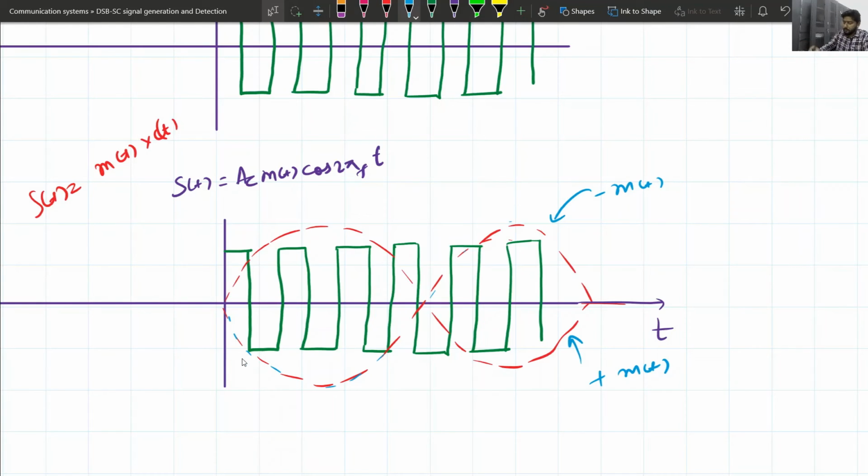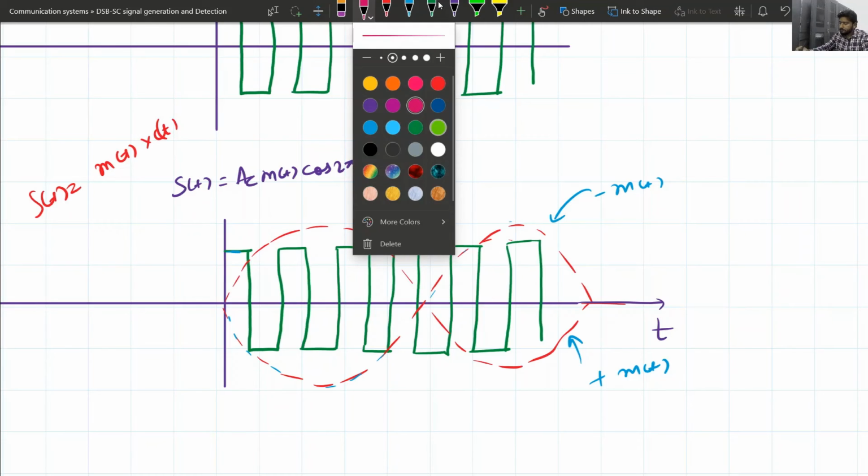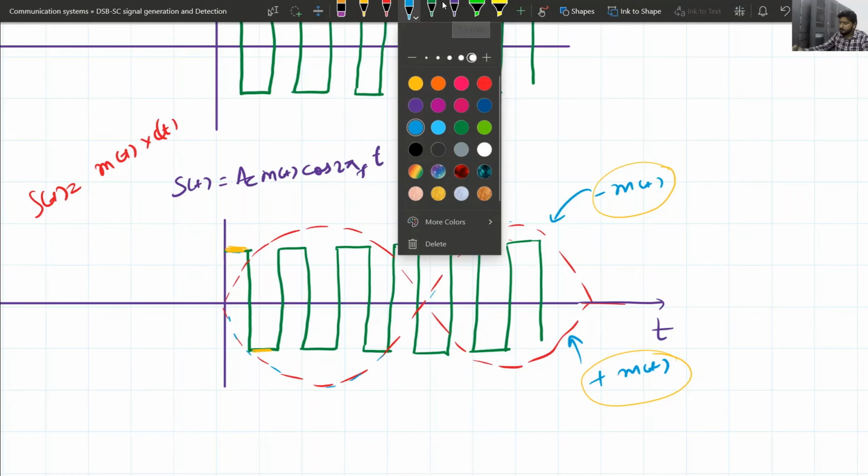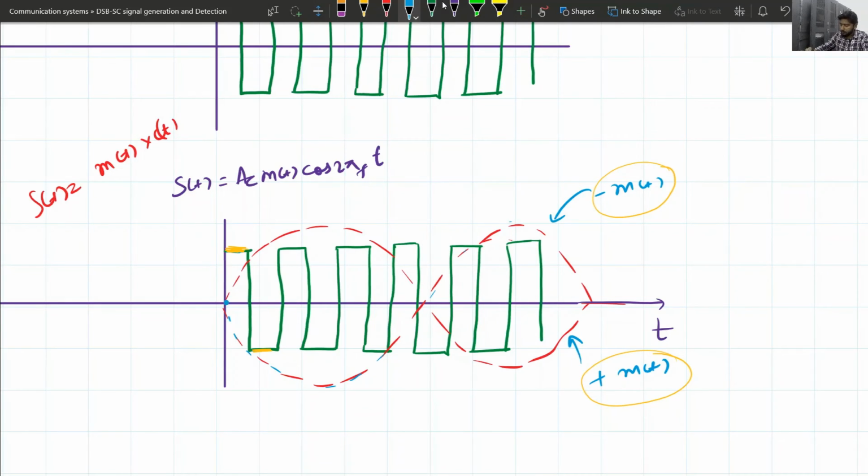So for CT, let's take another color. When CT is greater than 0, we have to take the plus MT value, and for CT less than 0, we have to take the minus MT value.